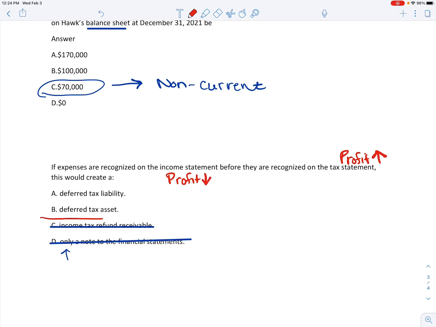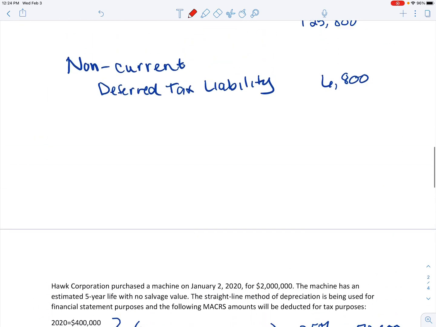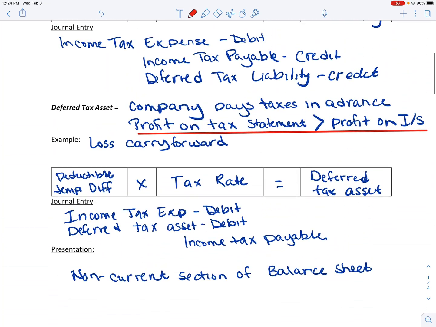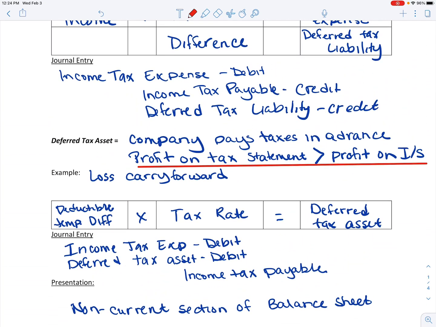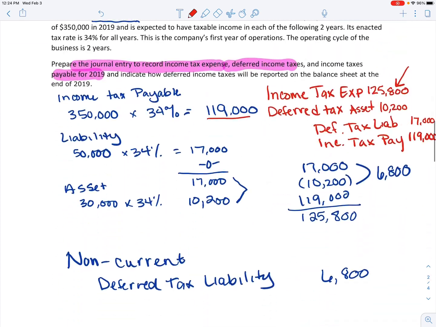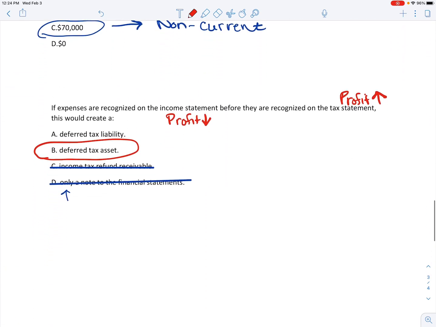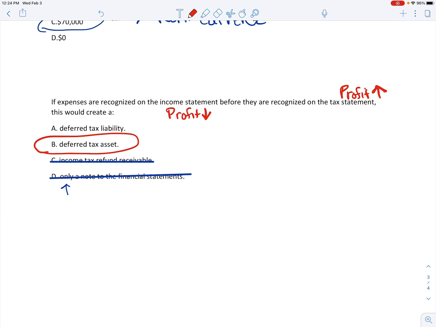Which means I have a deferred tax asset, based on our original rule up here: if my profit on my tax statement is more than the profit on my income statement, it's a deferred tax asset. So again, maybe make sure you have that in your notes. Get those two differences straight, because sometimes when we see them in a simple word question, it's hard to recognize which one they're going with.